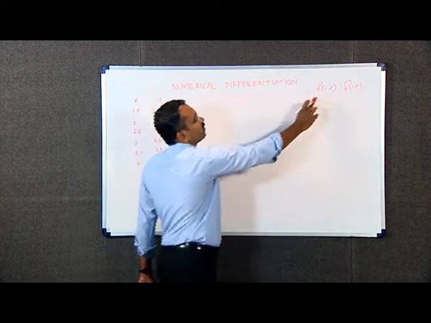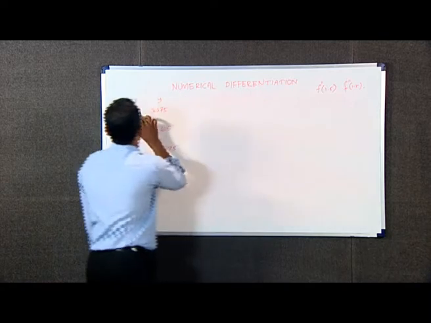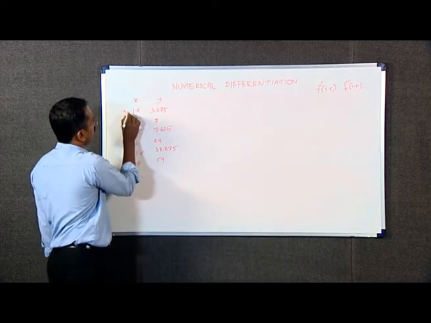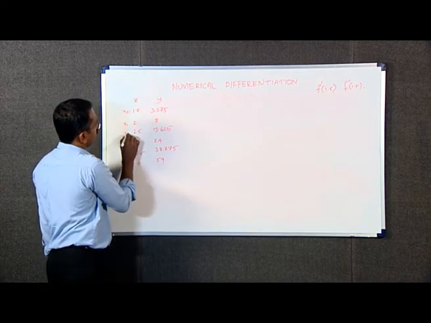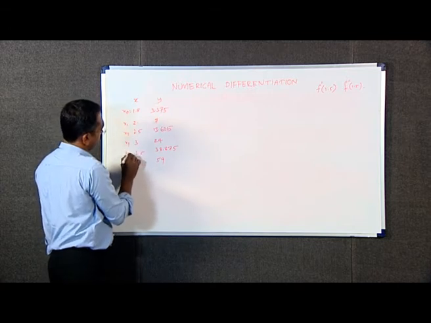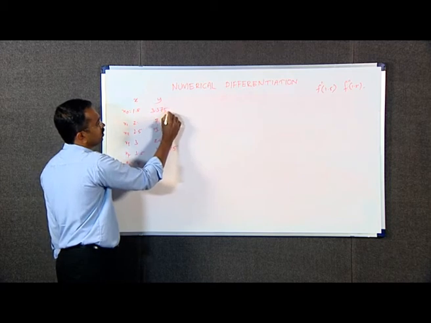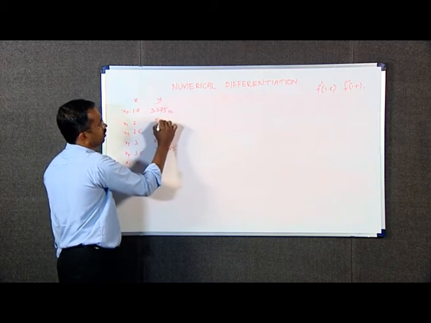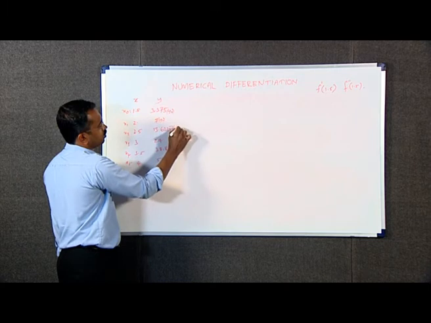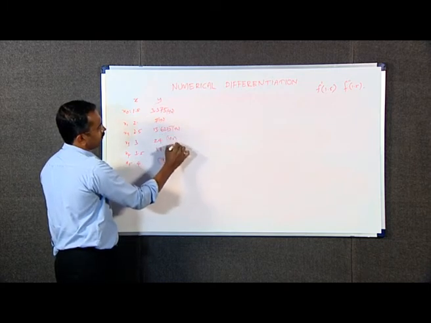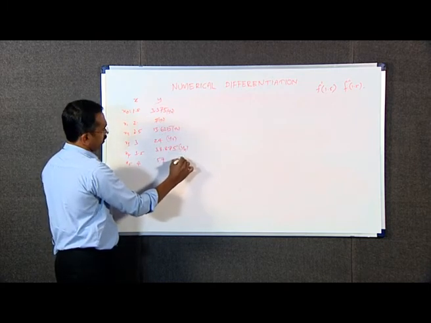Note that here x naught is 1.5, followed by x1, x2, x3, x4 and x5. The corresponding y values are y naught, y1, y2, y3, y4 and y5.